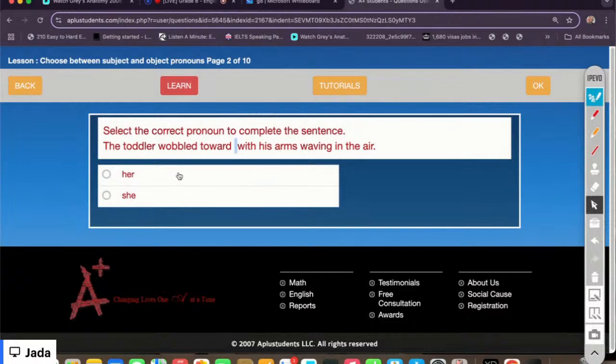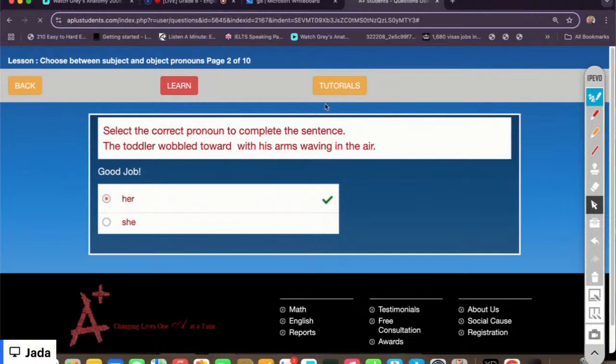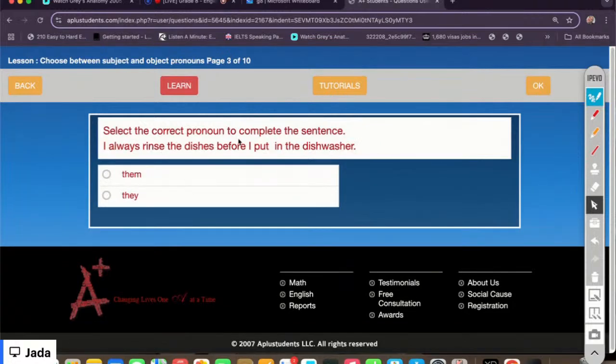So, toward her. Okay. So we have, I always rinse the dishes before I put dash in the dishwasher.